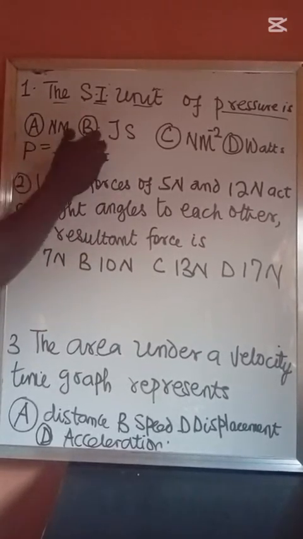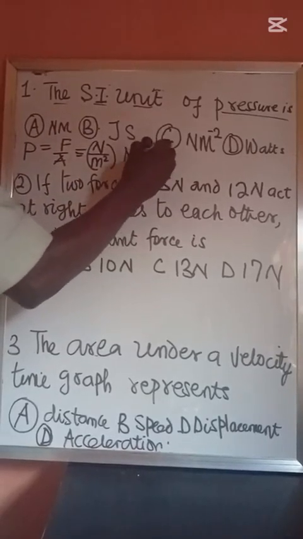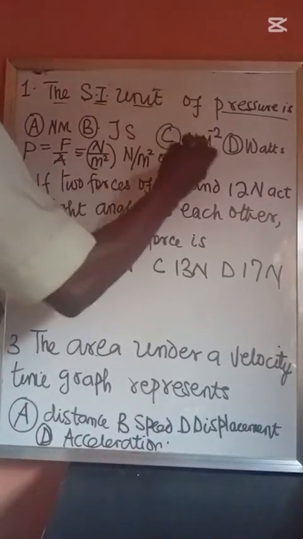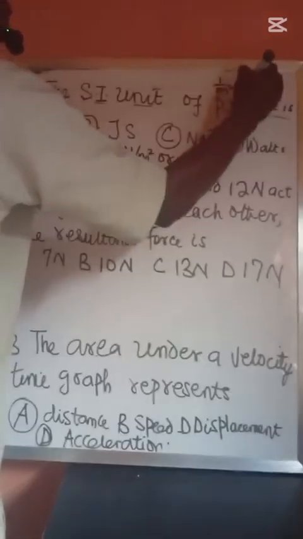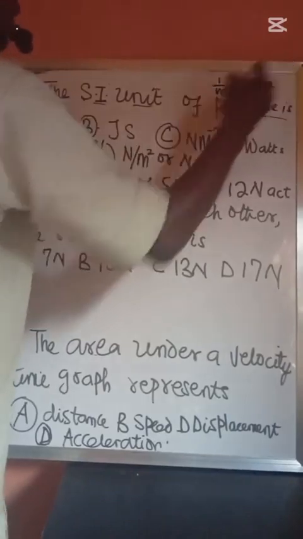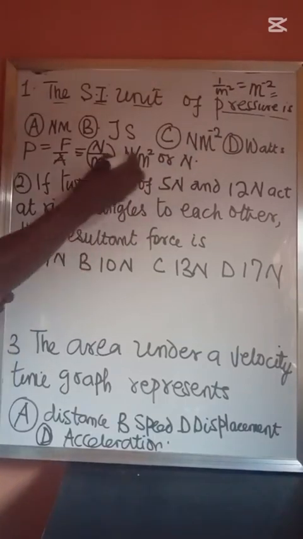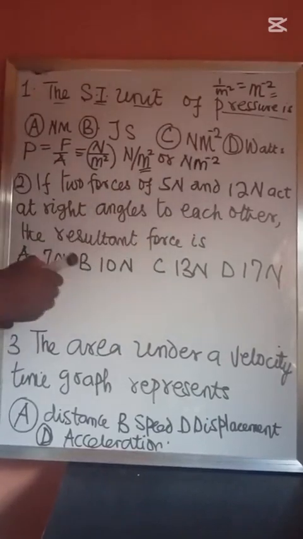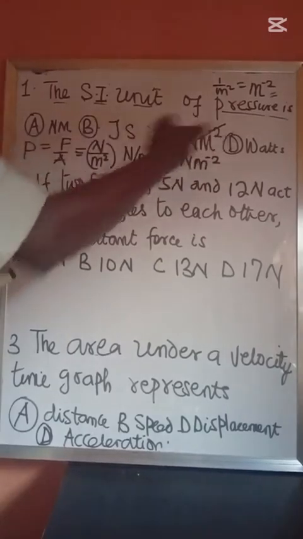So we can write this as Newton per meter squared, or Newton times 1 over meter squared, which is equivalent to m raised to the power minus 2, because in mathematics a negative index denotes a fraction. So we can write this as Newton per meter squared, and of course the answer is C. However, let's review the other options.